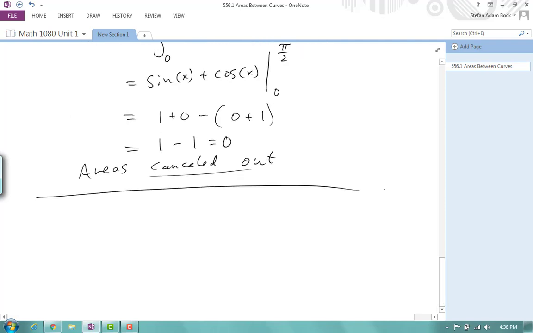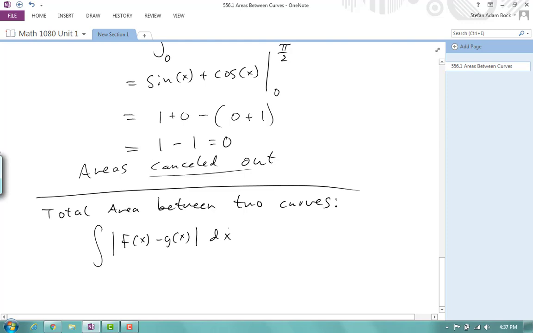And we'll generalize our little formula here for the area between two curves. I'll add the word total here. So if I want the total area between two curves instead of just some blind number, I'll have the integral of the absolute value of the difference. So I'm going to make sure that the heights of my rectangles are always positive.